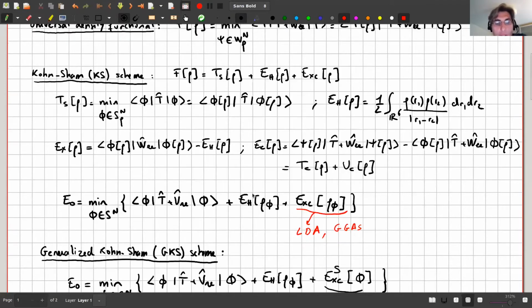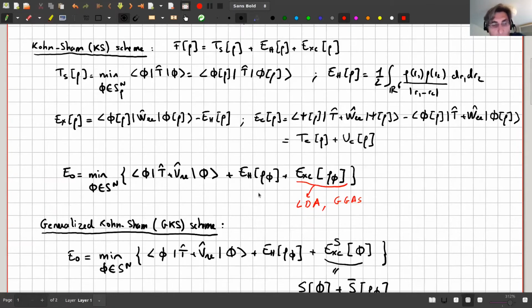Next, there is also another scheme that is used in practice called the Generalized Kohn-Sham scheme, which is similar to Kohn-Sham. So you minimize again with respect to Slater determinants, but now you have an exchange-correlation functional of the single determinant phi, and not simply of the density.